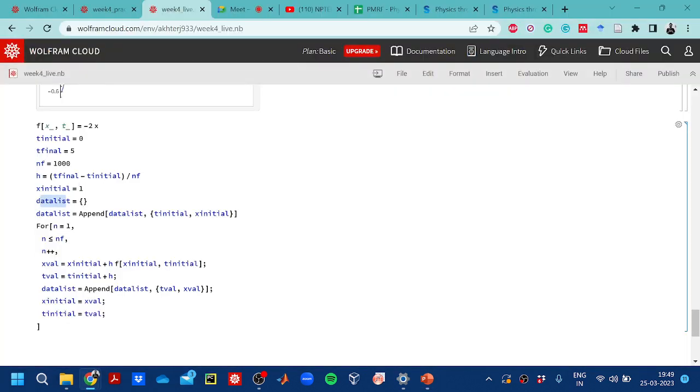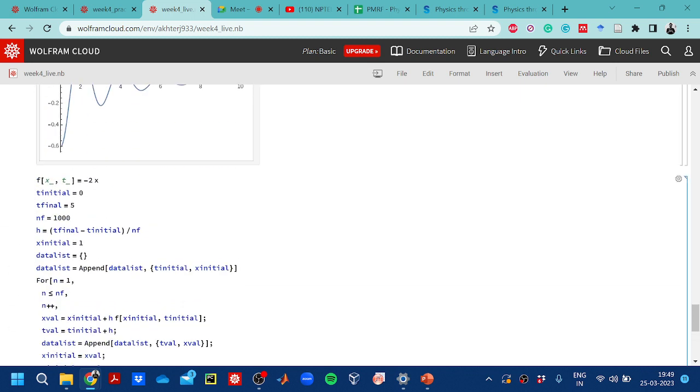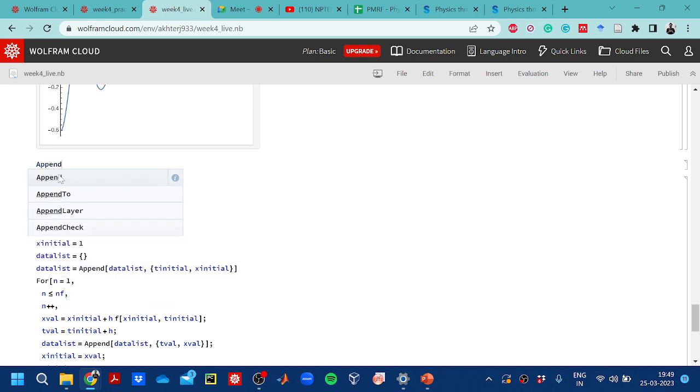So that is why we are defining an empty array here, and in the empty array we will first feed the initial condition. How to feed a number in an array? We can do that with the help of the append command. So let us first look at this command, append. Suppose we are defining an array.